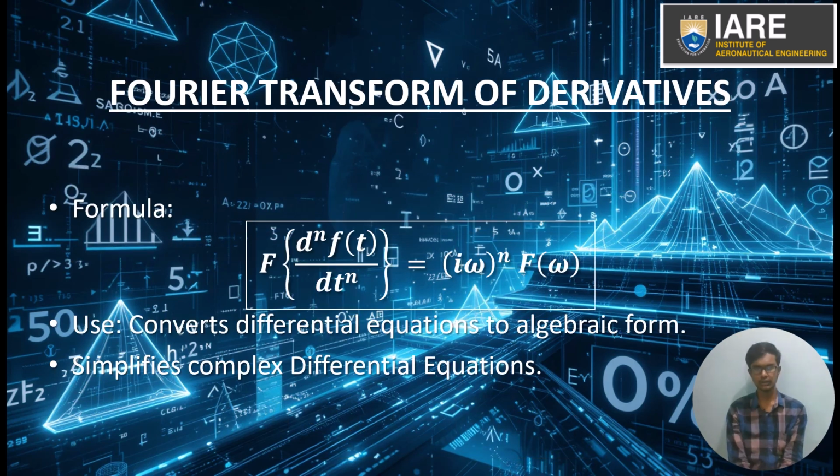Now let's go through the Fourier transform of derivatives. As per the formula, we can already see that F of d^n f(t) by dt^n is equal to (i omega)^n F(omega), which means that we can apply this formula for n-th order derivatives, which we can use in a lot of mathematical calculations required.